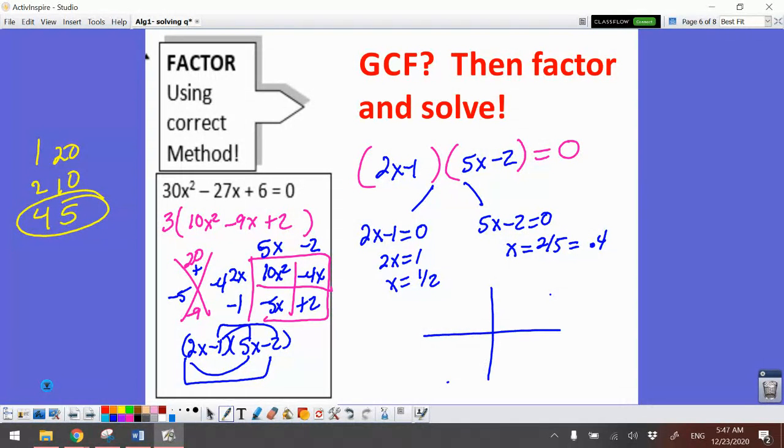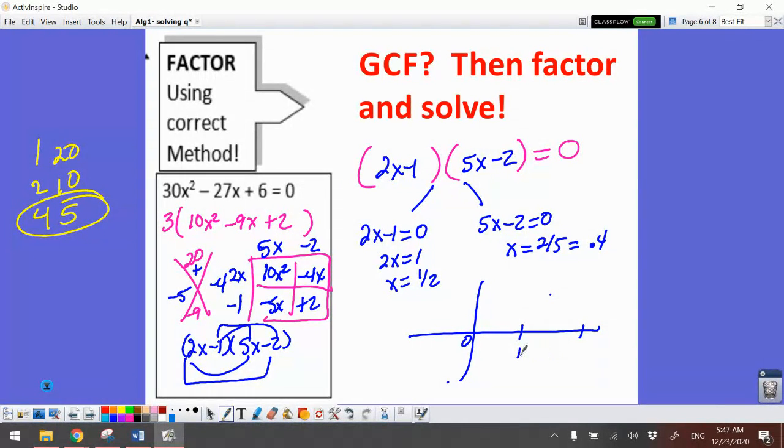So if I'm sketching this, positive 1/2 is going to be between 0 and 1. And let's go ahead and make this a little bit bigger because we got 2 positive numbers.